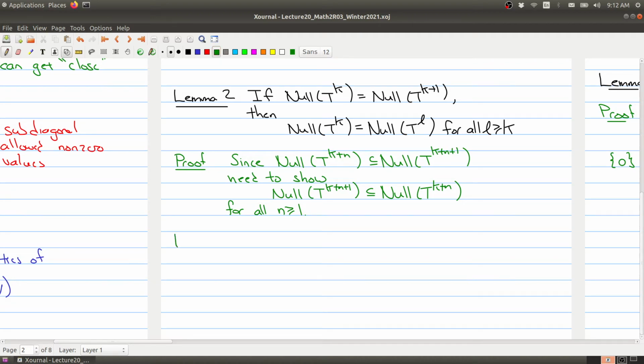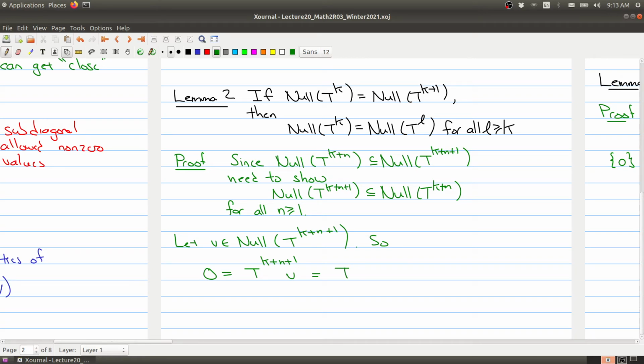So let v be any vector in the null space of T raised to the power of k plus n plus 1. Okay, and let's think about what this means. So 0 is equal to T raised to the power of k plus n plus 1 evaluated at v.